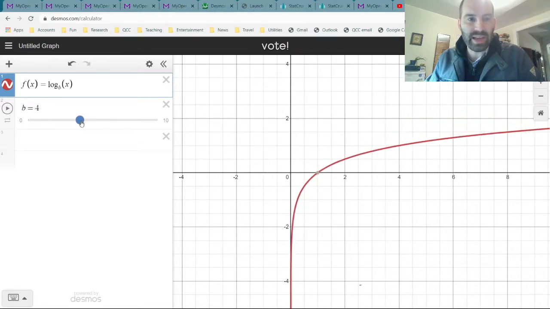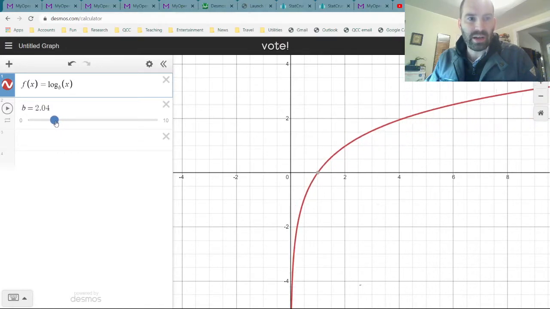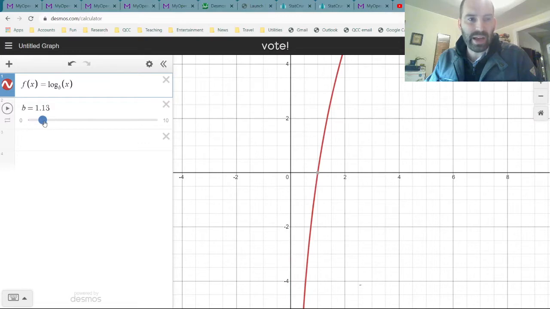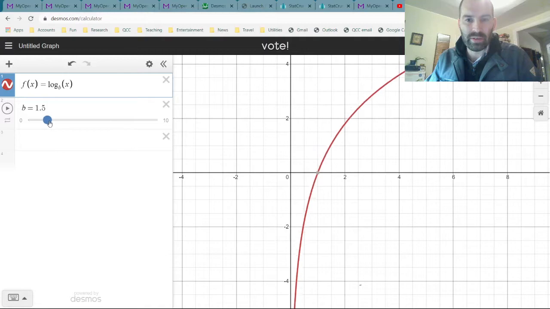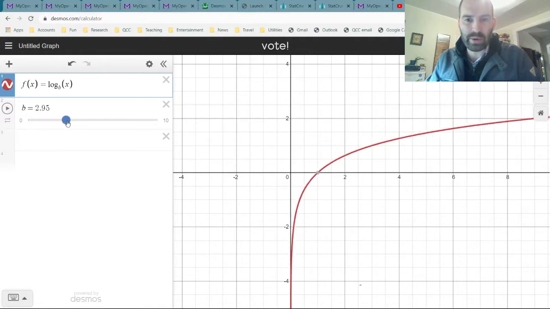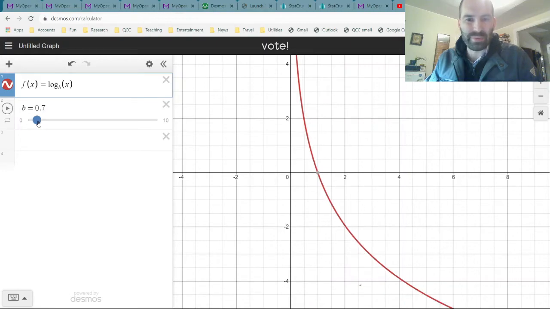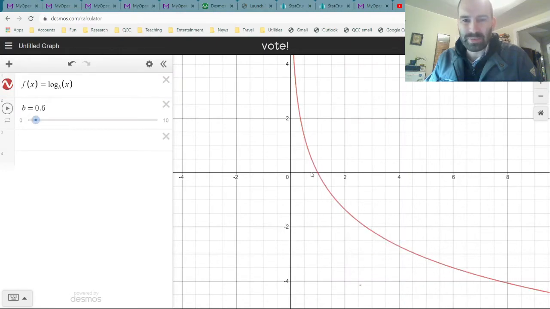That should make sense because if you use 0 as an exponent, you always get 1. Anything raised to the 0 power is 1, except 0, which is undefined. But we're not worrying about 0, right? So b can't be 0. So that's why the x-intercept is always the point 1, 0.